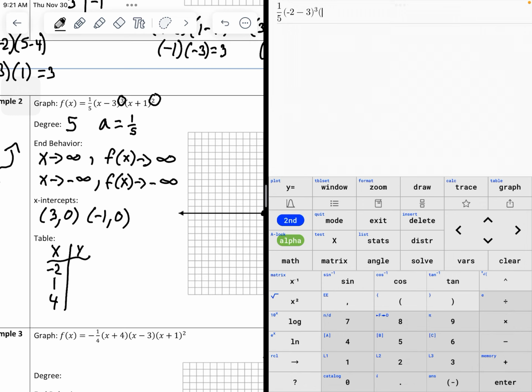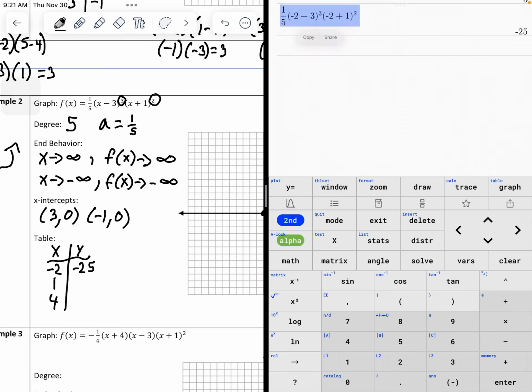And then it would be x plus 1, so -2 plus 1 squared. Just double check, make sure you have that typed right, and then you can type this in here. So we get -25, which is a big number, but it's fine.